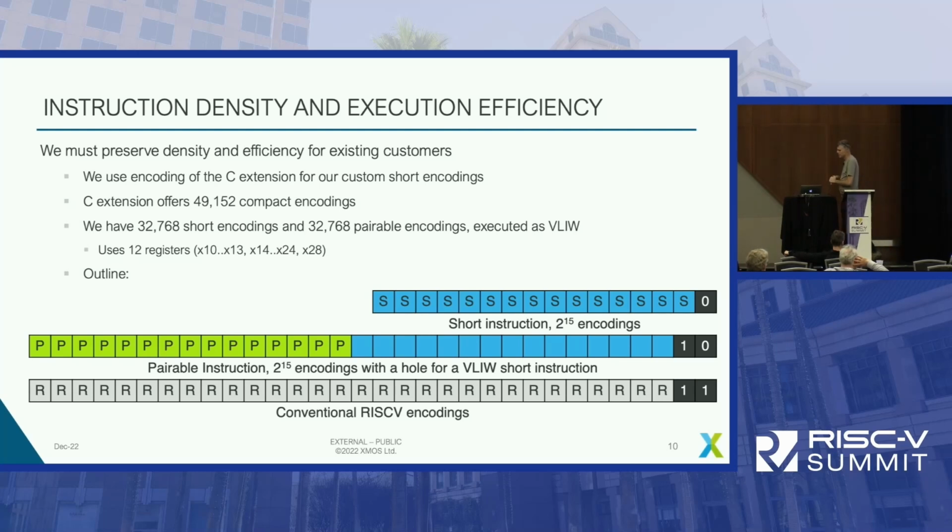And what it gives us is the ability to write code that uses the 32K short encodings, which gives us compact encodings for all the commonly used operations. And then it gives us the option to pair them with the green instructions, which gives us VLIW execution of 2 short instructions at a time.